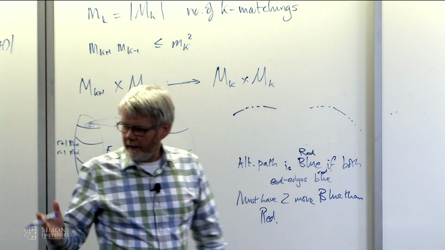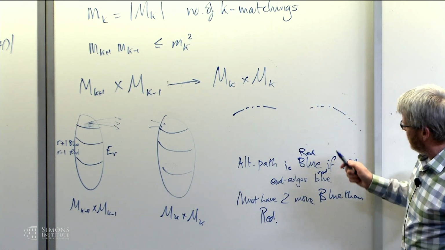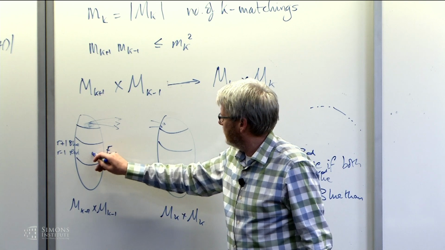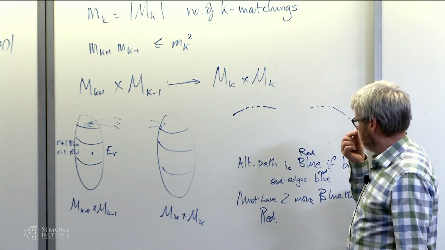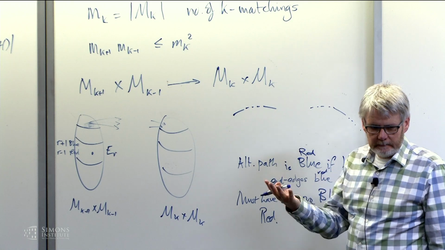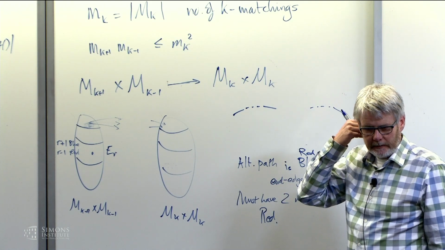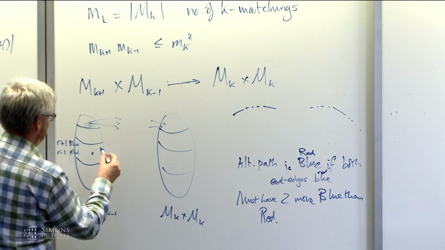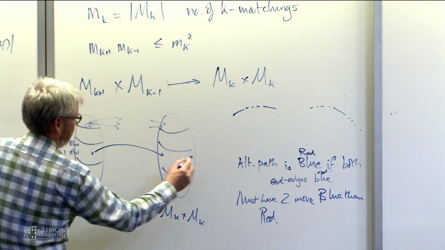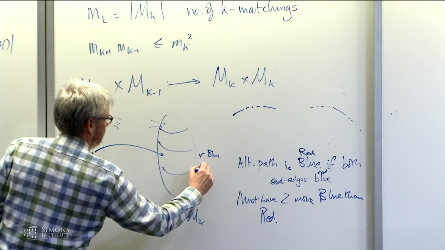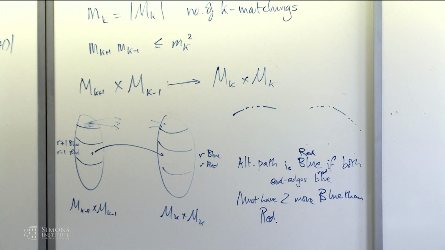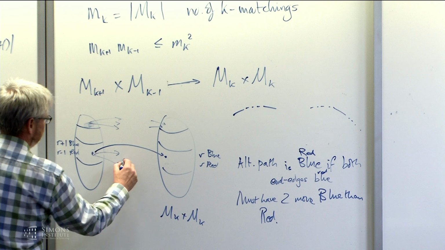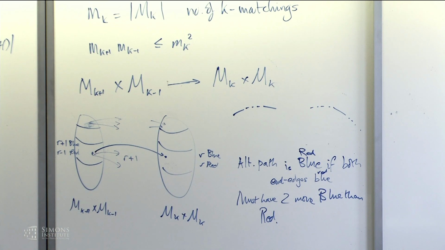Now, to map any given pair here, I'm going to pick any blue path and flip its edges from red to blue and blue to red. That takes me from something here to something here where there are R blue and R red. So the out degree here is R plus 1 because I have R plus 1 blue paths to choose.